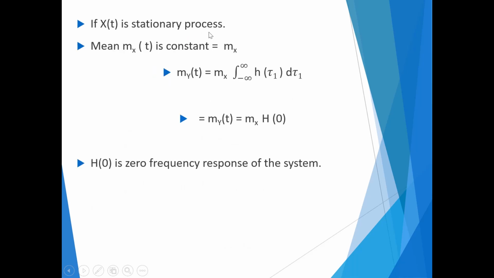If x(t) is a stationary process, the mean m_x(t) is constant, that is m_x. m_y(t) is equal to m_x times the integration from minus infinity to infinity of h(tau1) d tau1. Now we can see that m_y(t) is nothing but m_x times h(0), whereas h(0) is the zero frequency response of the system.